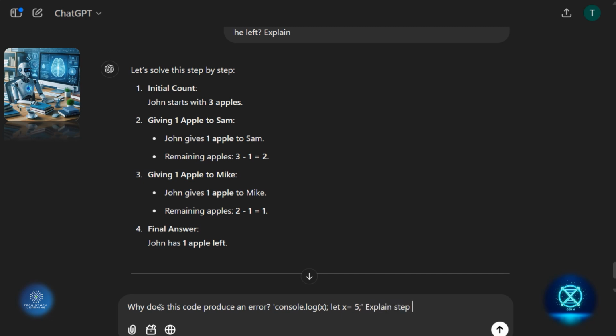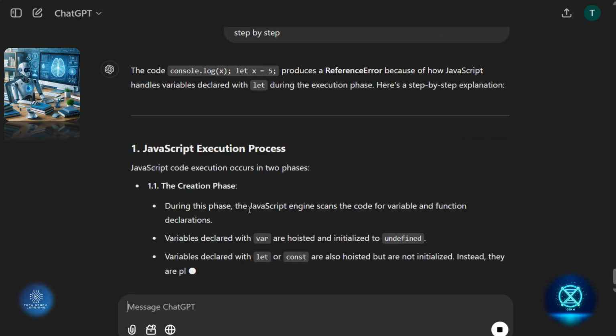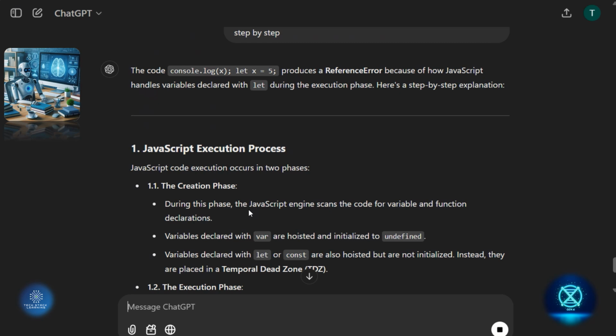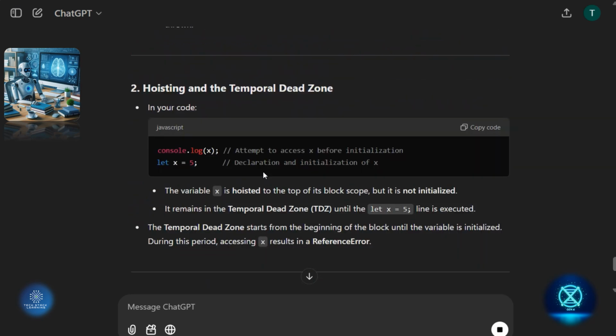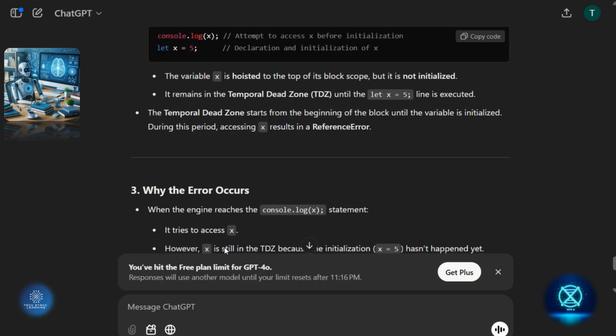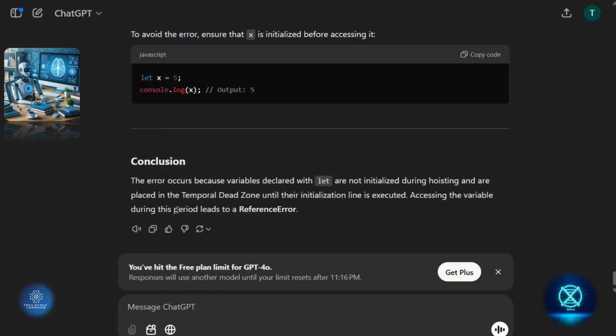Explain step by step. So it gives you the detailed explanation of why it has caused this particular error. It gives you the corrected code as well.